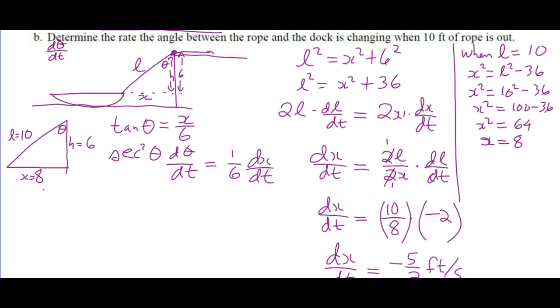So we're just going to divide by secant squared. But you could just multiply by cos squared, right? Secant's 1 over cos. So to isolate d theta by dt, we'll go 1/6 times cos squared theta times dx by dt.